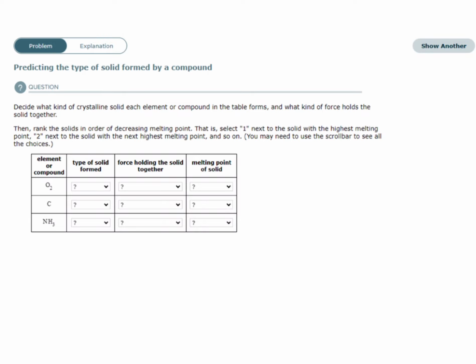The first one is O2. And O2 is a molecule, so it's two nonmetals coming together. So this would be considered a molecular solid. And O2 is a nonpolar molecule, so it is held together by intermolecular forces, but we have to be a little bit more specific. Since it's nonpolar, it's held together by dispersion forces.